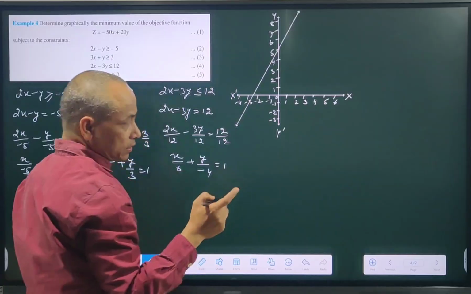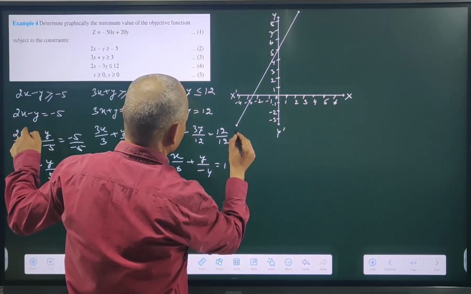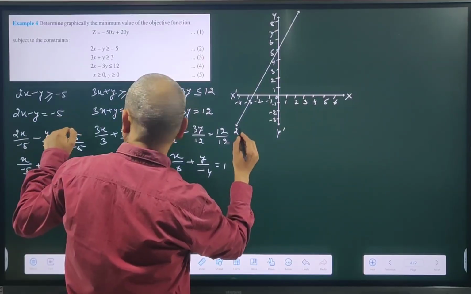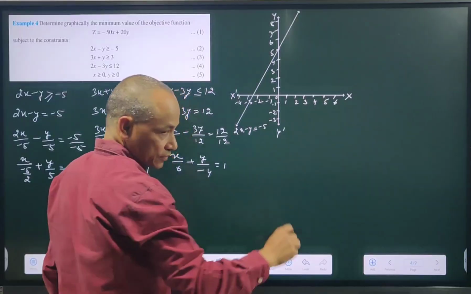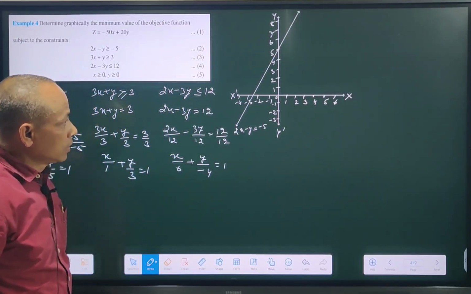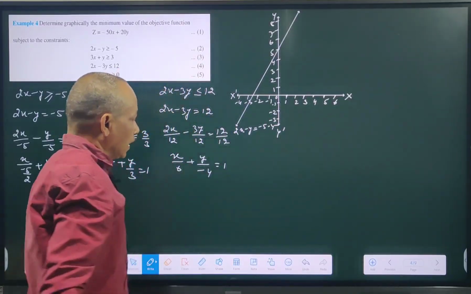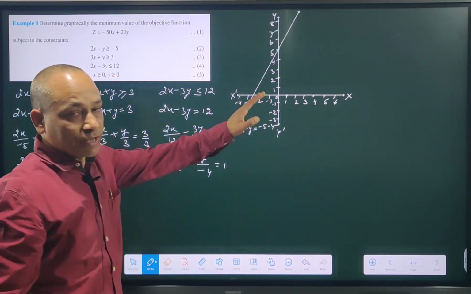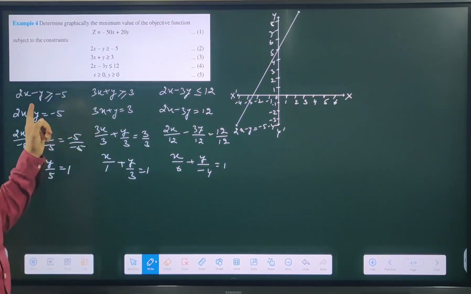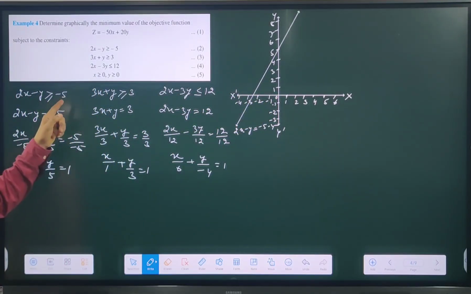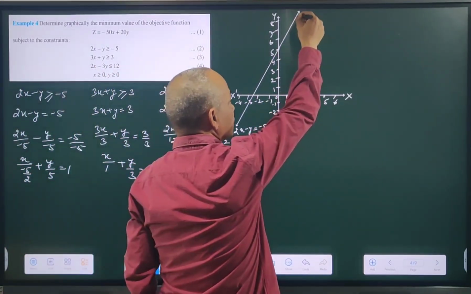As I told you earlier, we have to write the equation on this line, 2x minus y is equal to minus 5. And let us check the region that will be represented by this inequality. Put 0 comma 0 here. 0 plus 0, 0 is greater than or equal to minus 5. Yes, that means the region towards the origin is to be shaded.